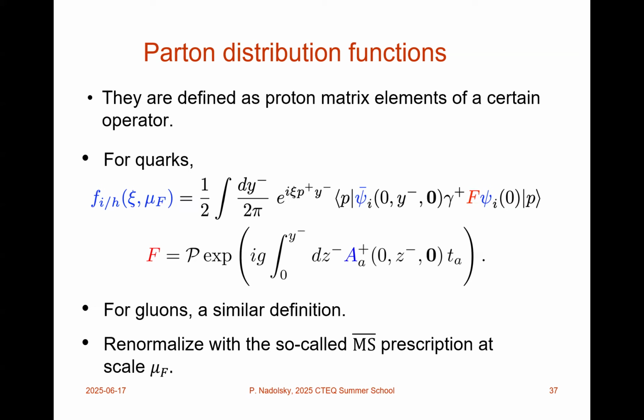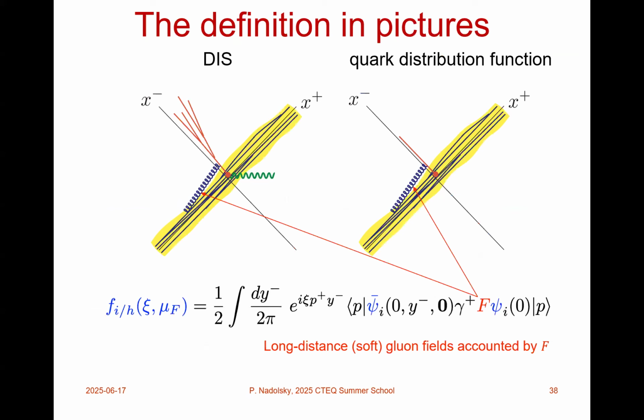So this is the definition. If you write the formula explicitly, you will see that this is a certain integral that involves a Fourier transform of a certain kind, right? There is another interesting piece, which is called F, and the slang for it is the Wilson line. The Wilson line describes the effect of the parton interacting with the medium gluon field. You have to remember there is always the medium gluon field around the quarks.